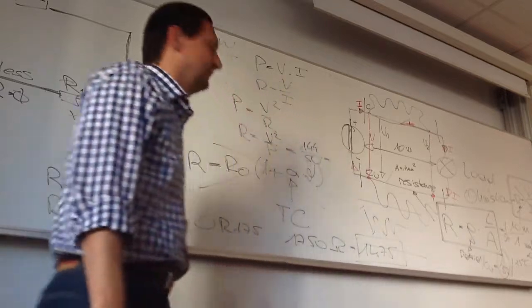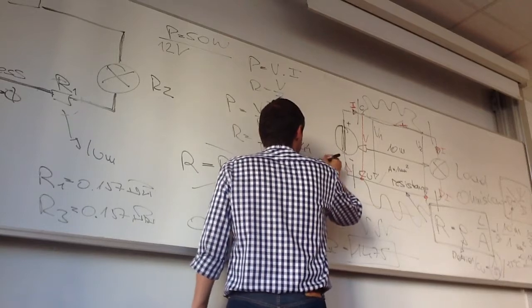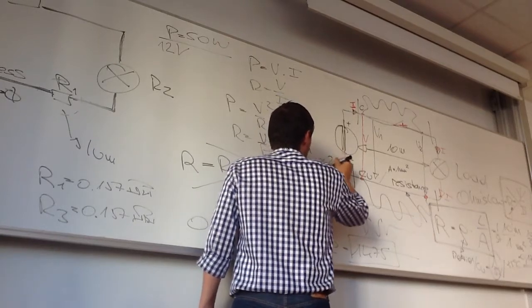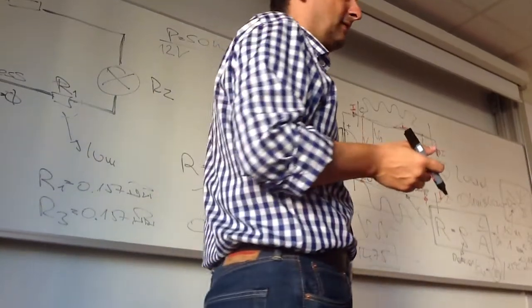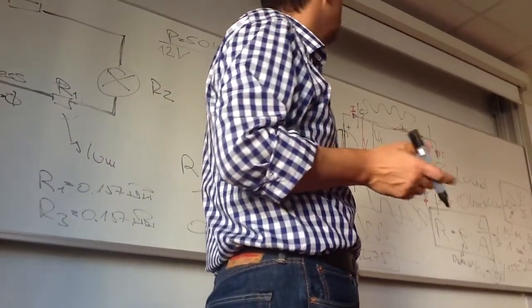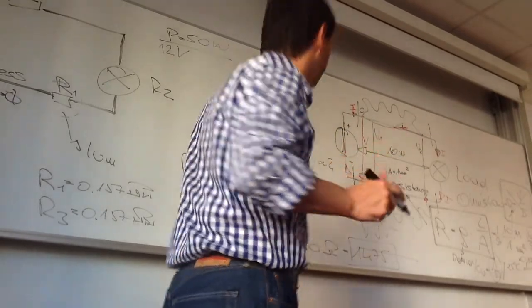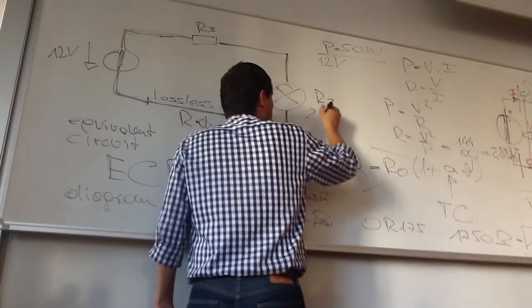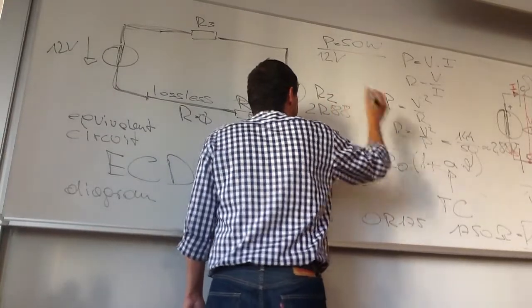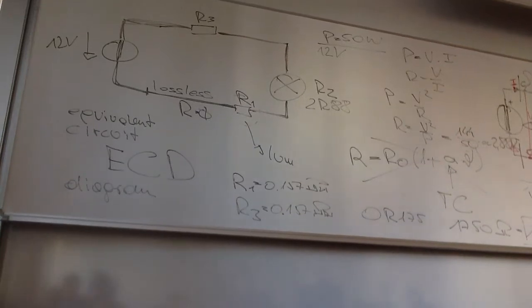So it's roughly 3, or you can do the calculation: 2.88. So it's 2R88. And now we know every resistance in our circuit.